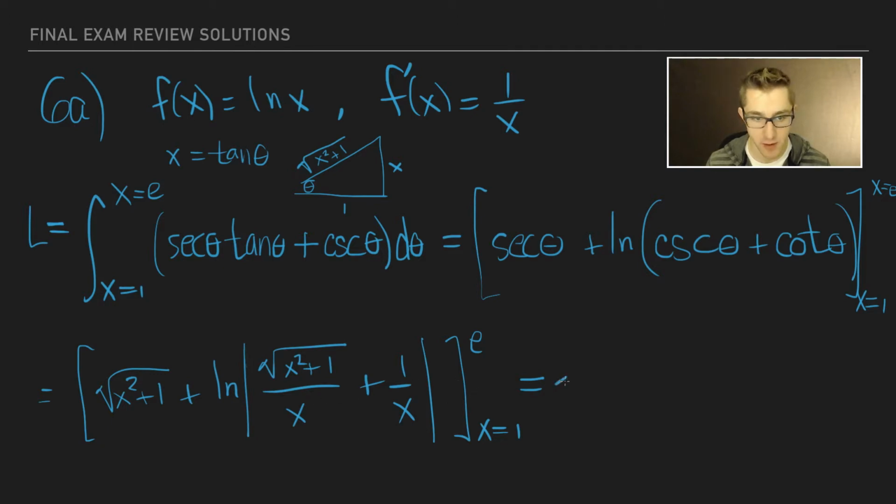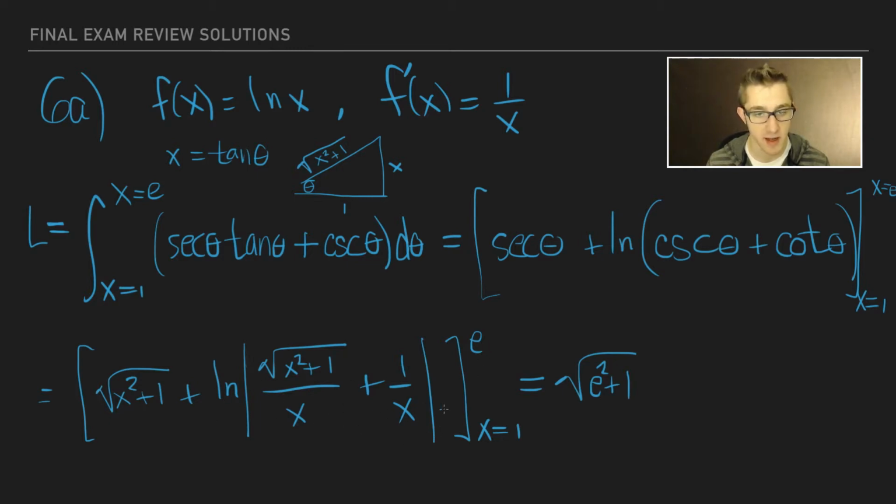We're going to get a square root of e squared plus 1 from this. I can rewrite this natural log term as the natural log of the numerator, so the square root of x squared plus 1, plus this 1, minus the natural log of the x denominator.